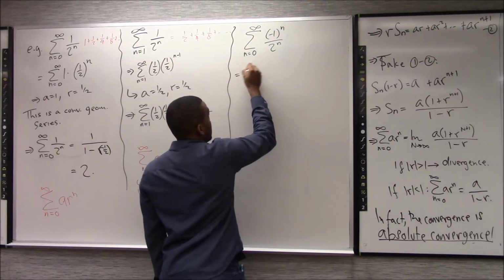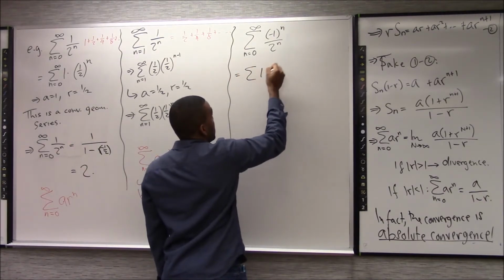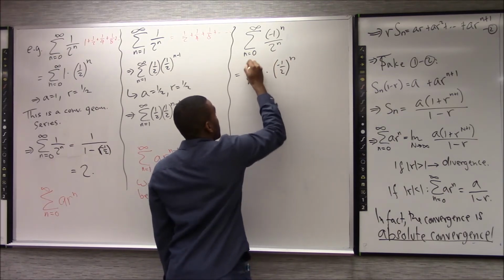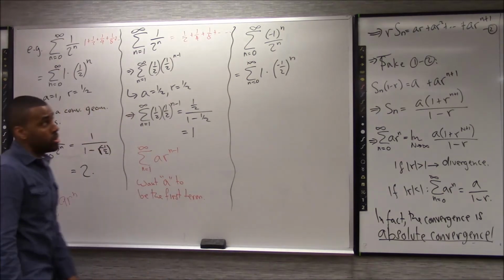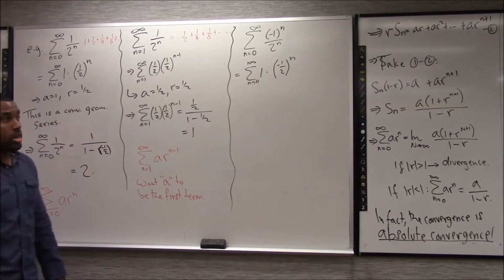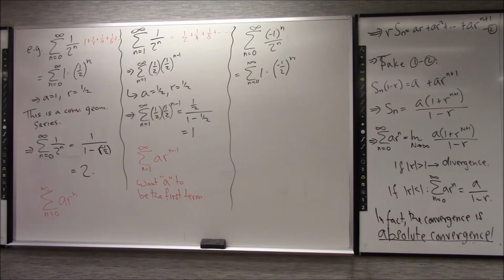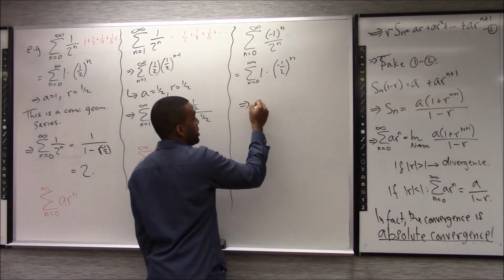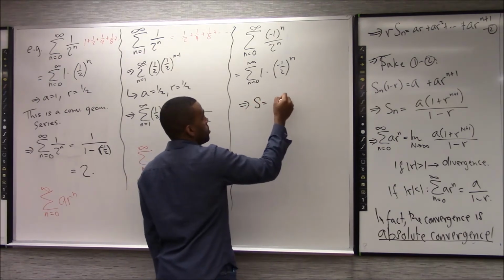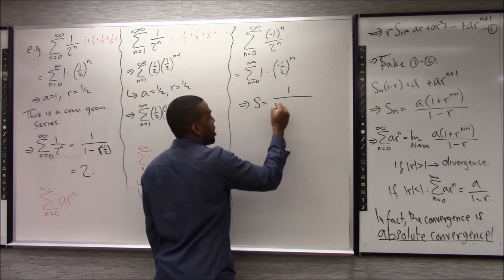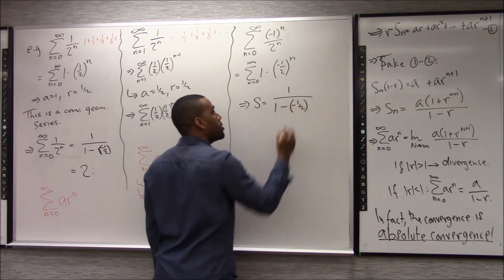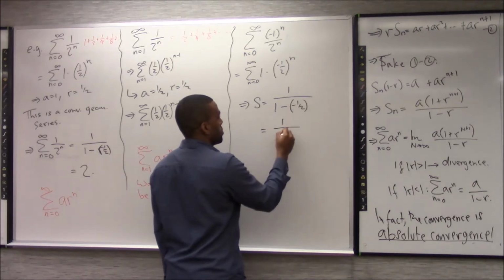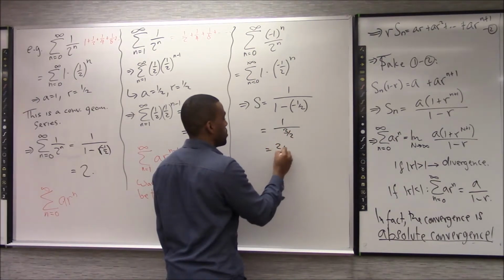You just need to realize that this is the same as 1 times minus 1/2 to the n. And that is still less than 1 in absolute value, so it does converge. And so in this case, the series would converge to A over 1 minus a half. So that would be 1 over 3/2, so that would actually converge to 2/3.